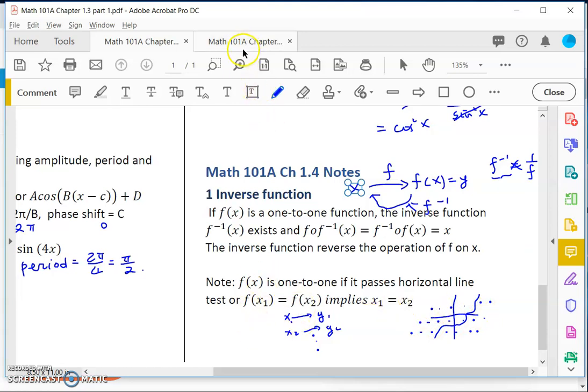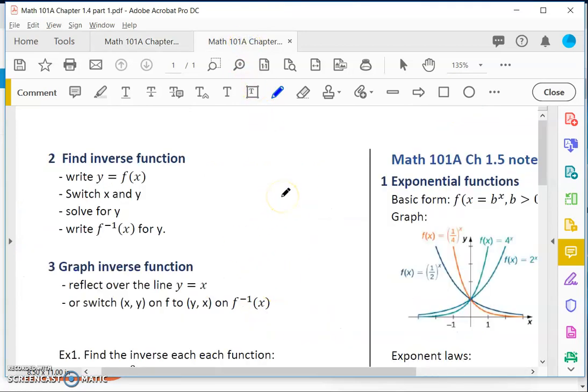Okay, so the next thing we want to go over is how do we find the inverse function? If I have the original function formula, how do I find the inverse? Now, this process is the more popular one. The book uses a two-step process, which is a little faster, but it's not as popular.